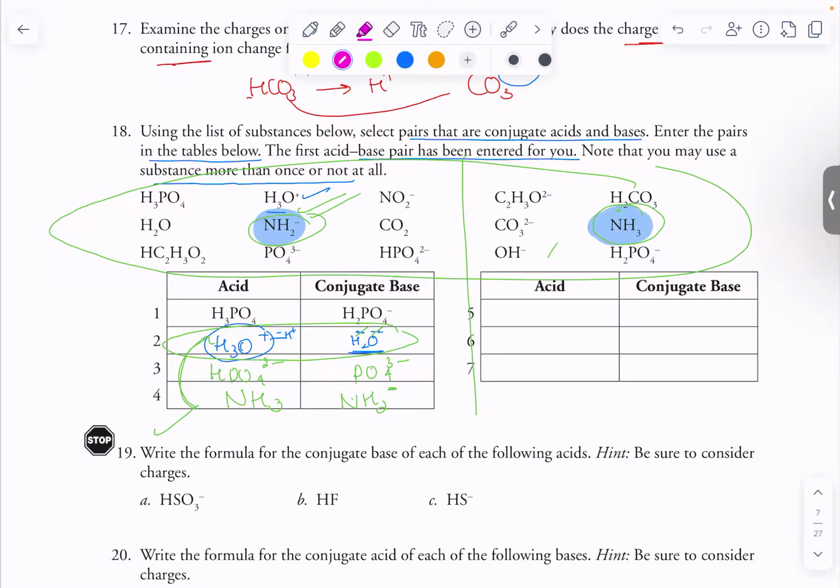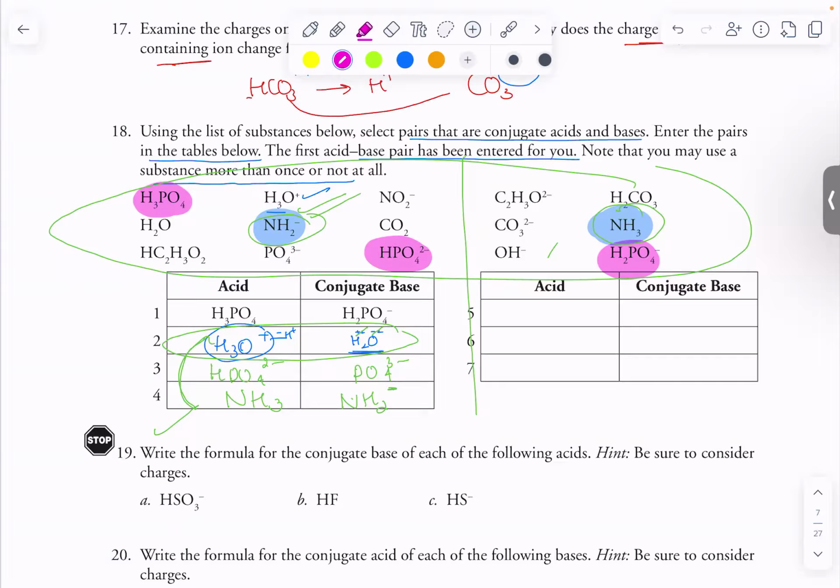The second one is H3PO4 and H2PO4 minus, and then comes NH3, done. HPO4 2 minus, done. Is it clear? Yes.